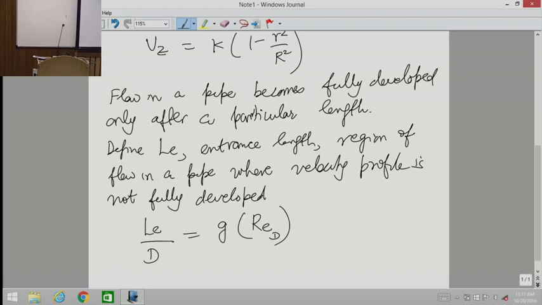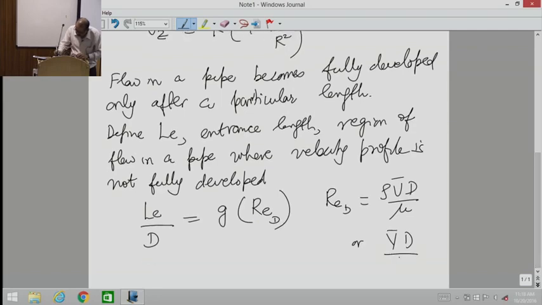And then if you work out a non-dimensional relation between all these, you will get LE upon D is a function of Reynolds number, where Re_D is equal to rho V D upon mu, or often you will find instead of rho V D upon mu, the Reynolds number being defined as V bar D upon nu, where nu is equal to mu upon rho, the kinematic viscosity.